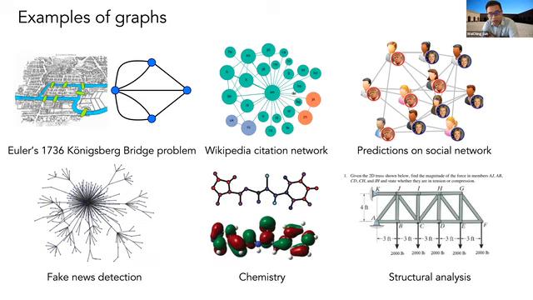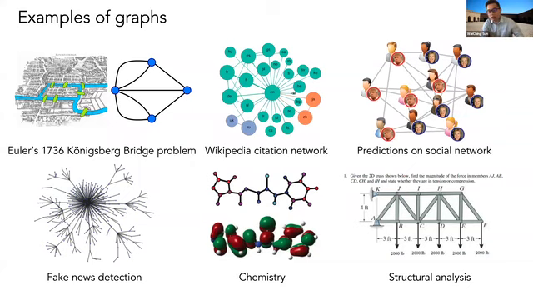Nowadays we see a lot of applications, both in machine learning and in classical mechanics problems. One of the most important usages of a graph is to indicate relationships. On Wikipedia, you can see the citation network, where we can see the connections between which papers and which articles relate to each other.